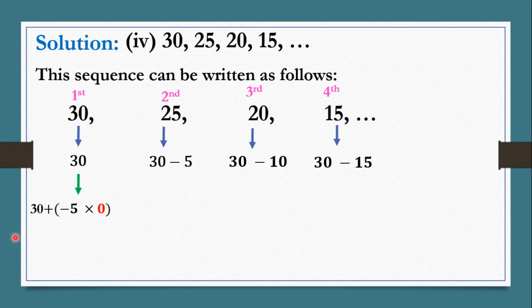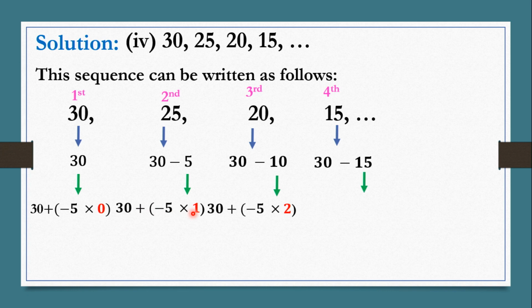And I always write in terms of the first term, which is 30. The next one, this 5, I can write it as minus 5 times 1. So 30 minus 5 is written as 30 plus minus 5 times 1. In the same way, minus 10 can be written as minus 5 times 2.